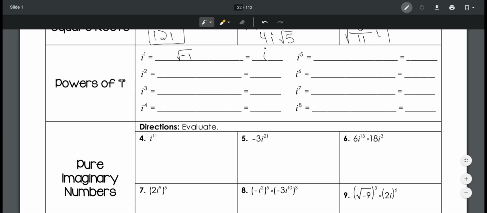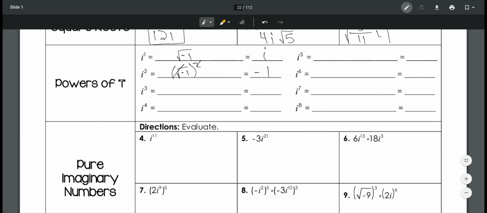Well, I have an i squared, and we already talked about the fact that that is going to be -1. Every time you have an i squared, it is -1. The reason being is every i equals the square root of -1, and then when you square it, the square and the root cancel, leaving you with -1.